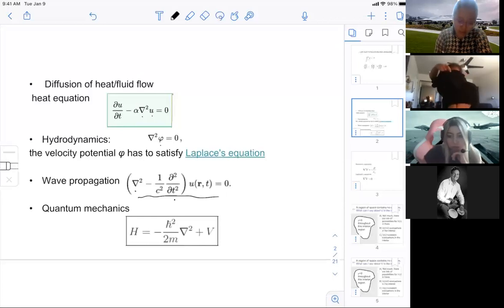And in quantum mechanics, you're going to see the Laplacian show up again in describing the Hamiltonian of a system. So hopefully you'll see this again in other classes.